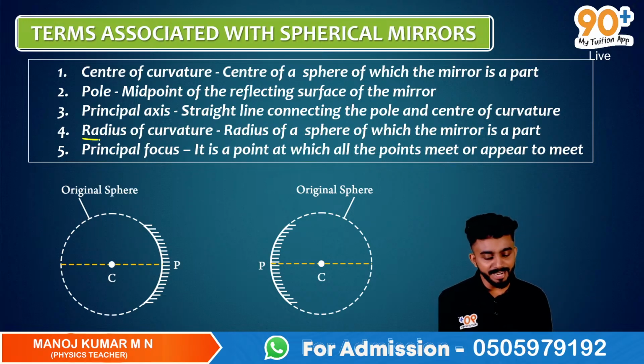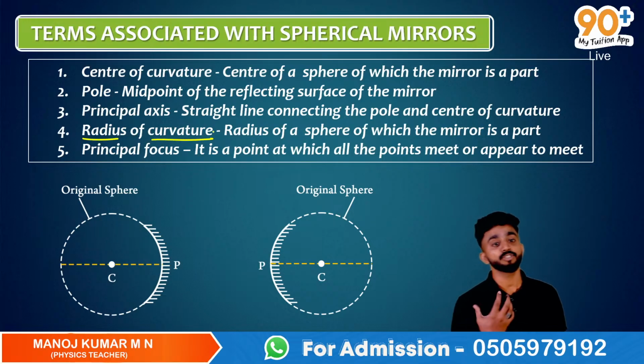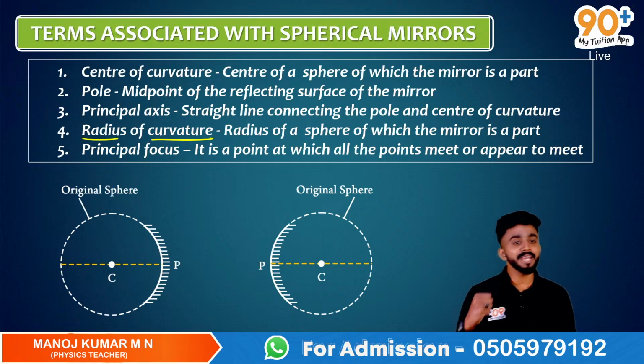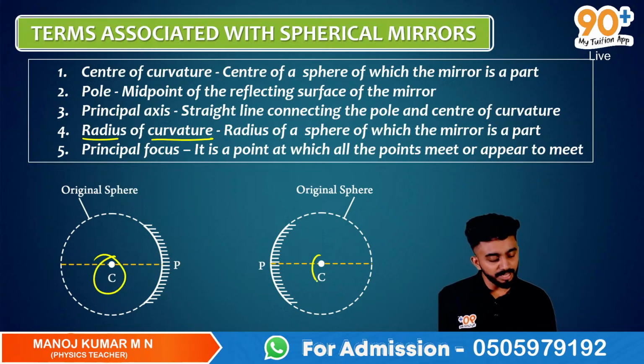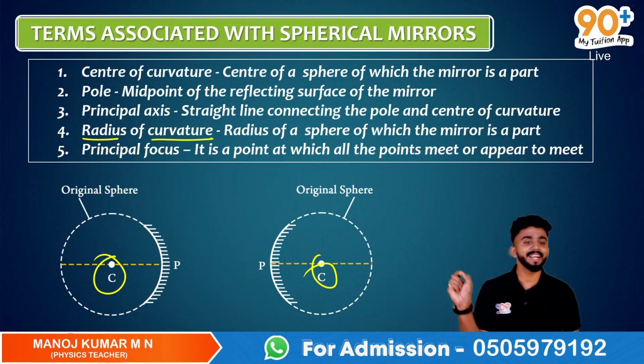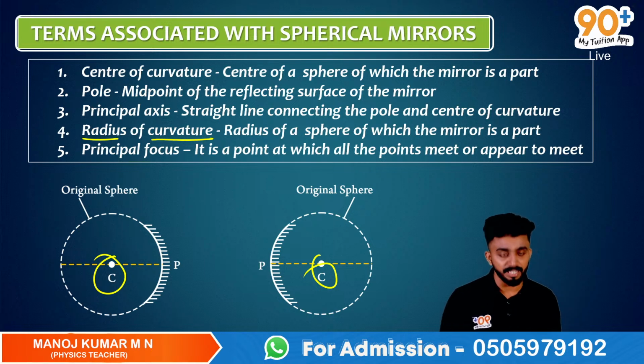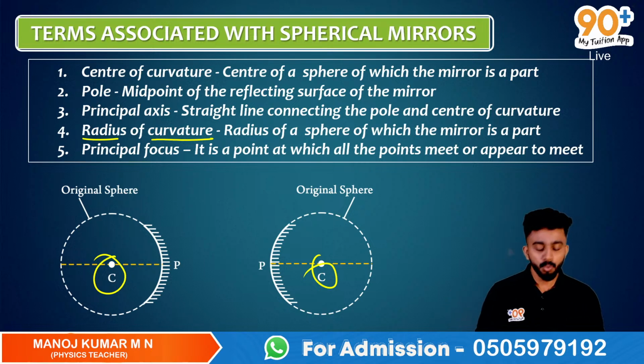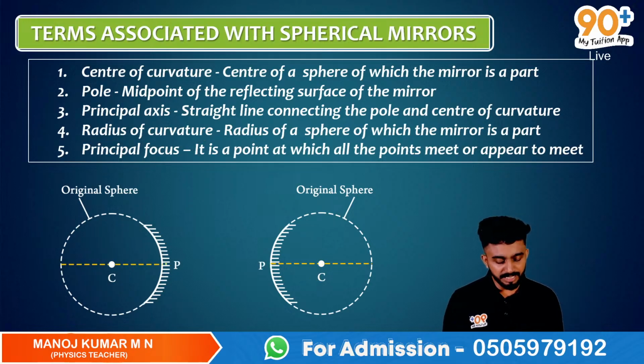Next we have the radius of curvature. What is the radius of curvature? We have learned this point is called the center of curvature, that is the center of a sphere. But when it comes to the radius of curvature, what should we do, guys? We have to consider the distance from the pole of a mirror to the center of curvature.